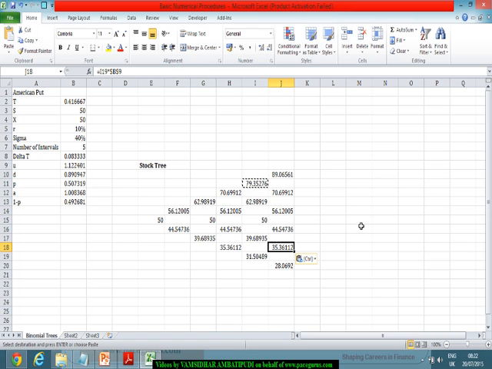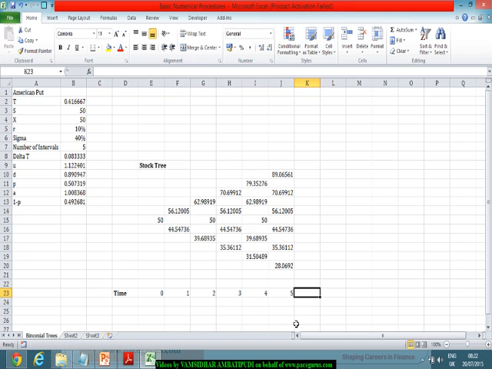So my binomial tree, which is a 5 period tree, came up. I can mark this as t equal to 0. Looking at the time periods, I'll call them 0, 1, 2, 3, 4, 5.